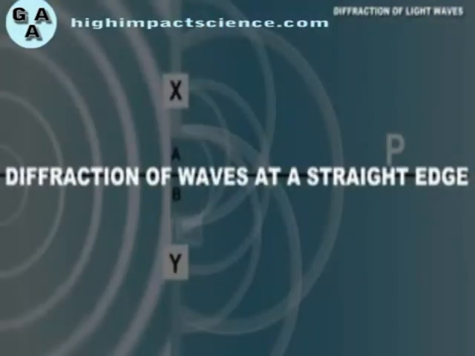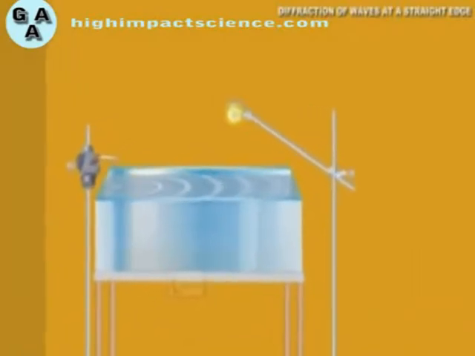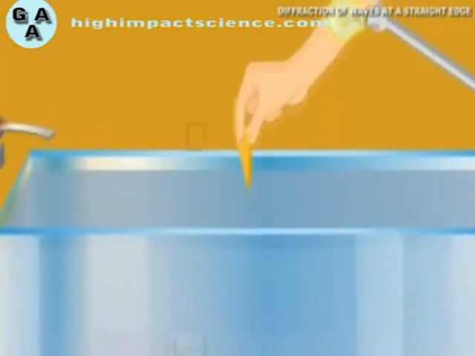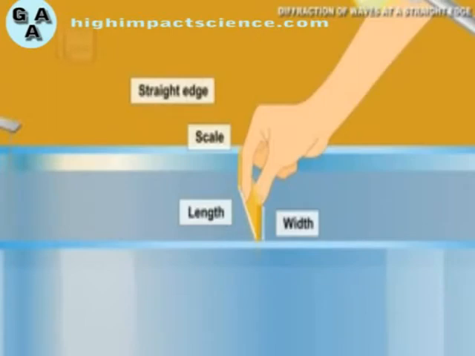Let's see the diffraction at a straight edge. We place a half scale in the ripple tank such that its length is in contact with the water surface, but the width is perpendicular to the surface. This type of obstacle is called a straight edge.